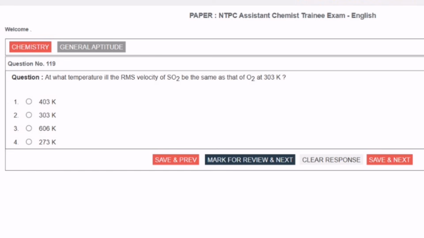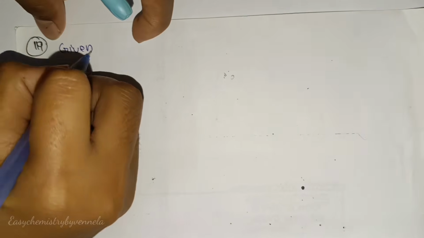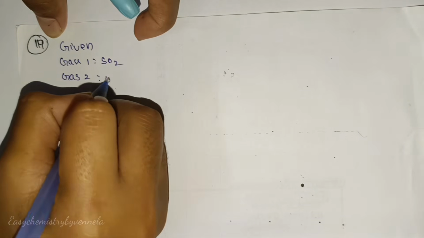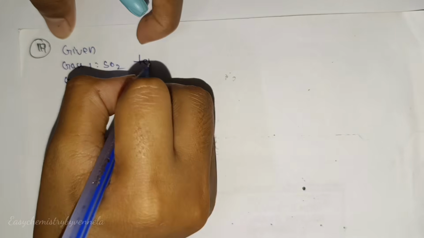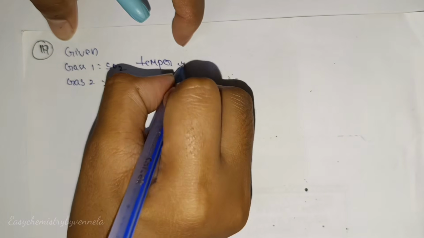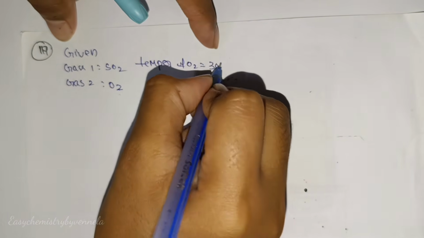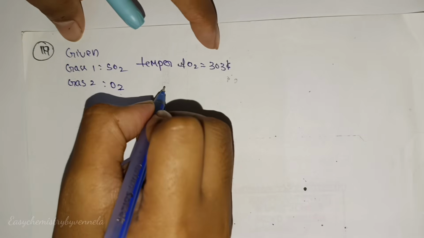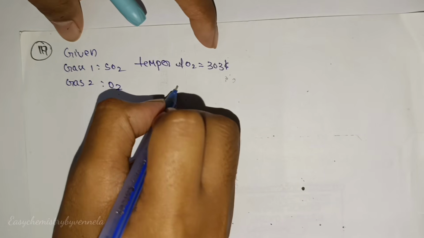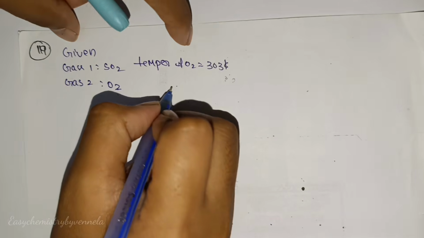Next question. At what temperature will the RMS velocity of SO2 be the same as that of O2 at 303 Kelvin? What is given? Gas 1 is SO2, gas 2 is O2. The temperature is 303 Kelvin. RMS velocity of SO2 is equal to RMS velocity of O2.